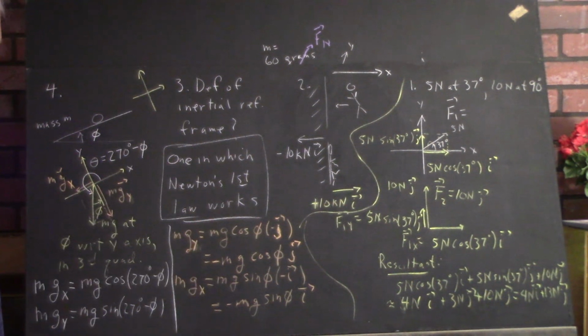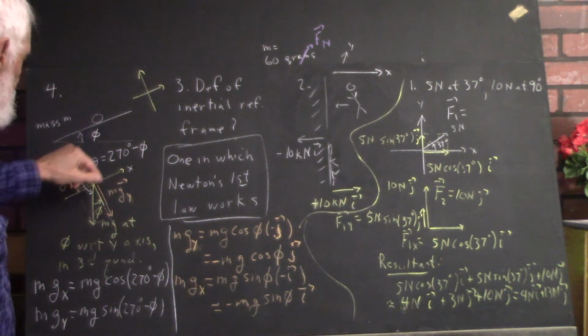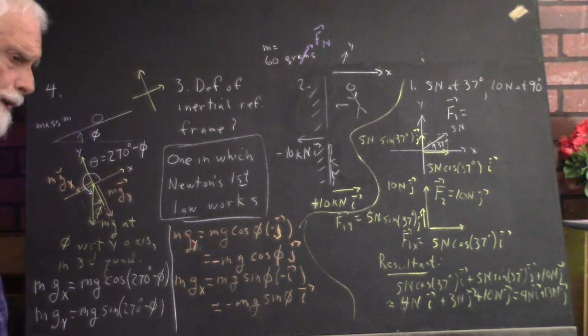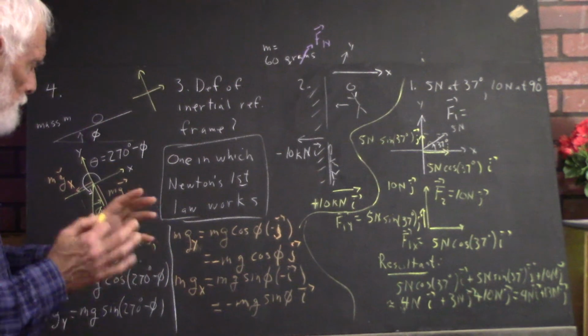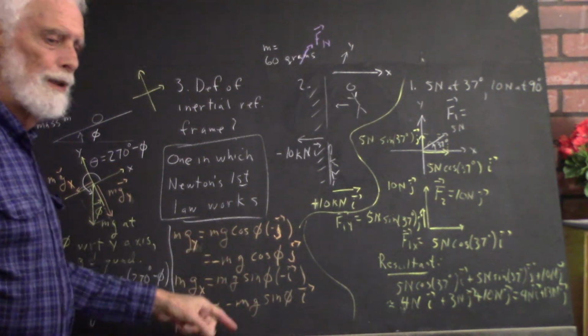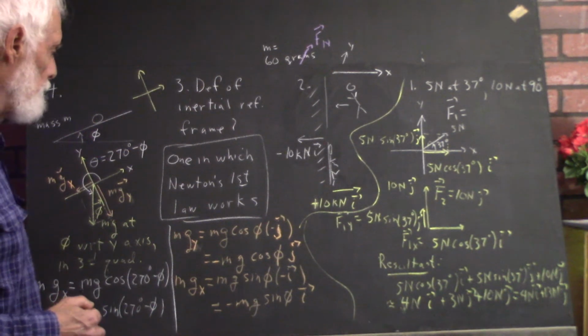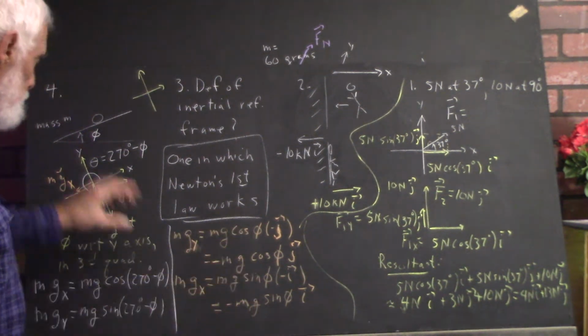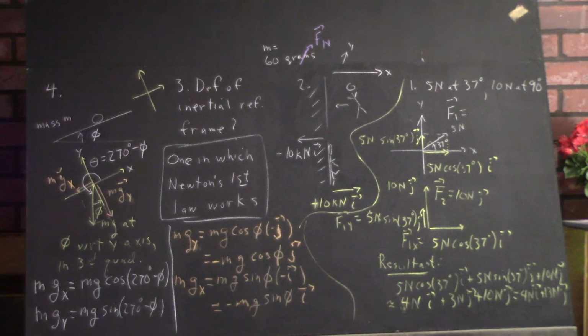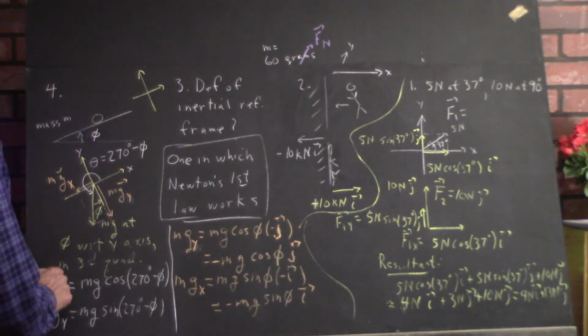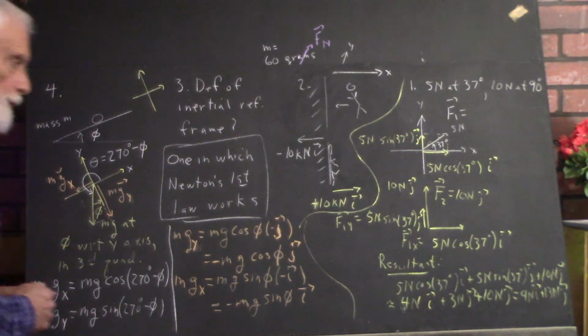All you got to do is identify this angle correctly as 270 degrees minus phi. And that's a simple step, much simpler than trying to worry about whether it's positive or negative i direction, positive or negative j direction, whether it's a sine or a cosine, looking at the triangle, all that. This cuts through all that. Now I could have said also that this is a vector.